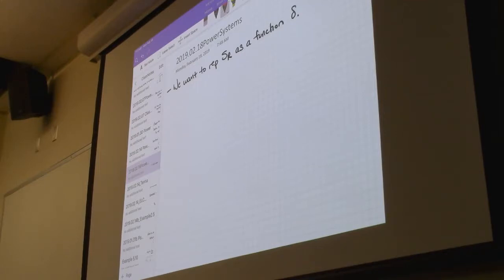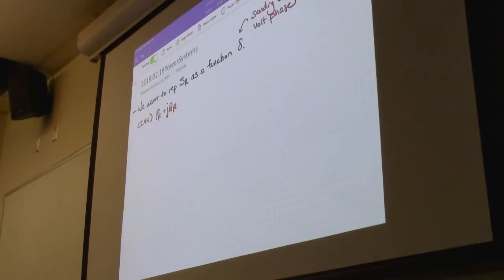Okay, so equation 2.44. We know that the receiving end, that's our basic starting point.